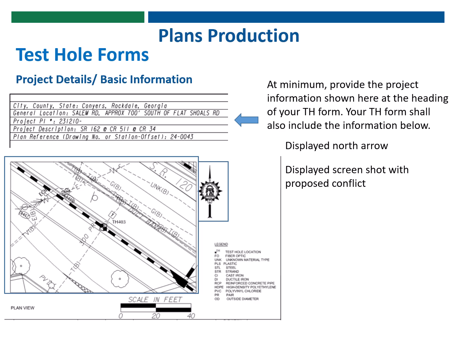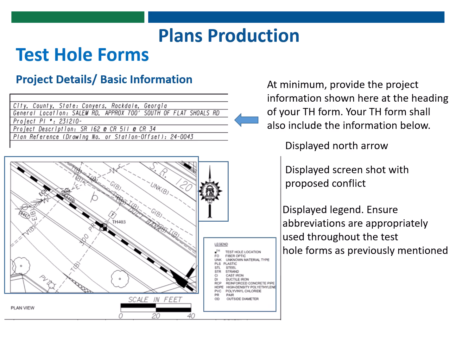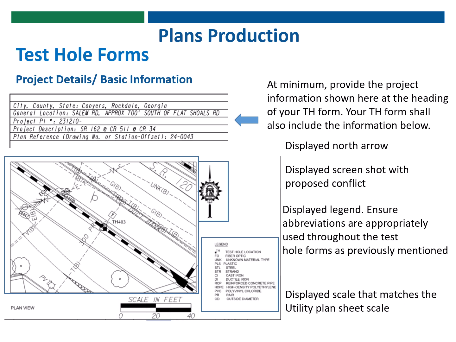As you can see here, test hole 403, the proposed conflict would be that storm drain. Display a legend, ensure abbreviations are appropriately used throughout the test hole form as previously mentioned, and a displayed scale that matches the scale of the plan set.